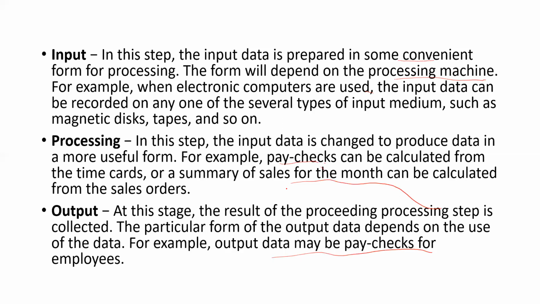The result will be the name, roll number, average, percentage and grade, which are the output for the student. So this process will be going on. To summarize, for solving a problem we always need an input, and we must know what process we have to do to get the expected output or result.